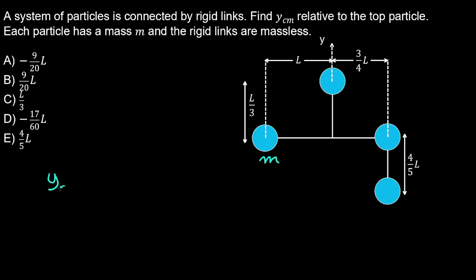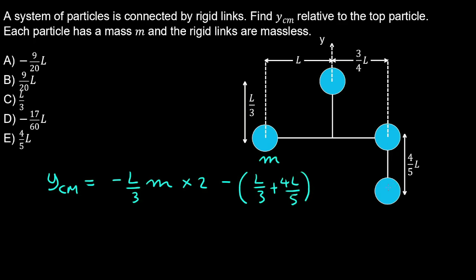So we have y of the center of mass is minus L on 3 multiplied by m, multiplied by these two particles, and we have minus L on 3 plus 4L on 5 multiplied by the mass of the third particle, and that's divided by the mass of all four particles.